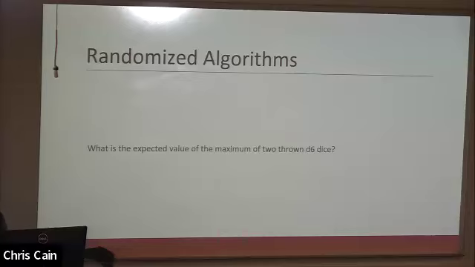Think of it as if you play D&D, rolling with advantage. What is the value of rolling with advantage when you throw 2 dice? You're going to take the higher of the 2 values as the output of a throw. Make sense? It's expected value.